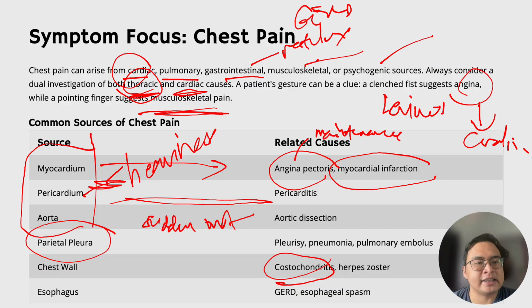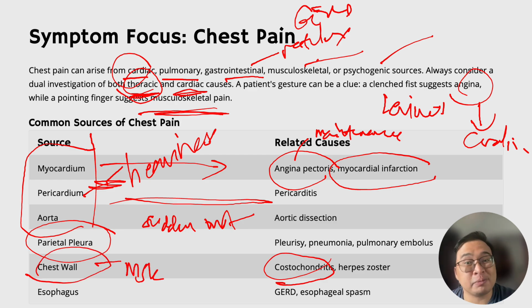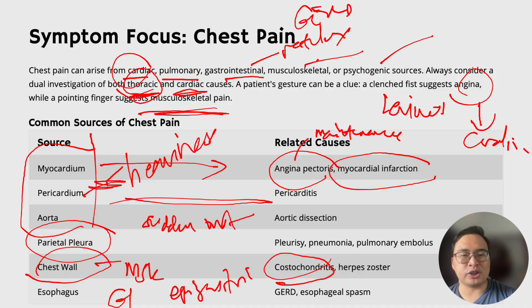Okay, second to the last, we have chest wall, also known as musculoskeletal pain. These are the most benign. So costochondritis, if that's the condition of your patient, then you just need reassurance as well as pain medications. Okay? Lastly, gastrointestinal pain. So reflux could be localized in the chest, but of course we know that the location of the stomach is epigastric, but it could radiate, of course, to the chest.